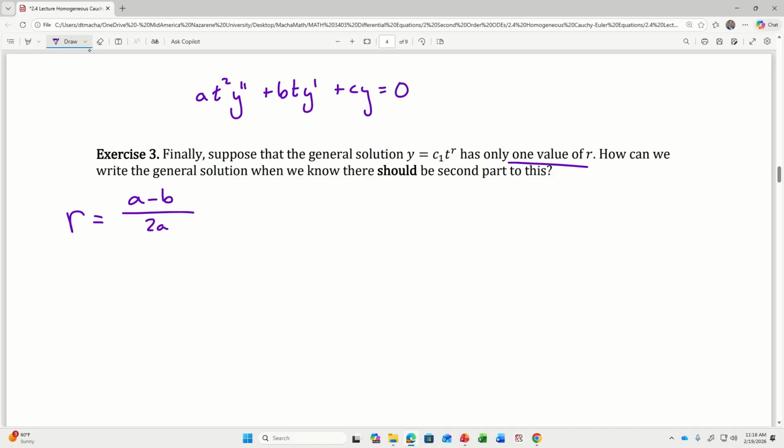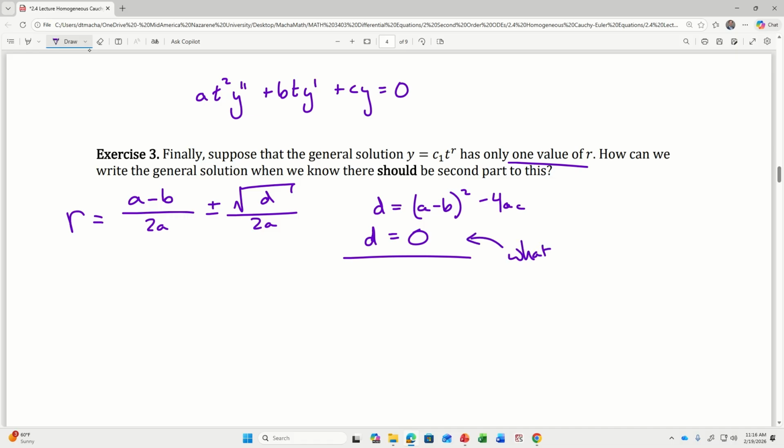If a, b, and c are such that r equals minus b over 2a plus or minus the square root of the discriminant over 2a makes the discriminant equal to 0.